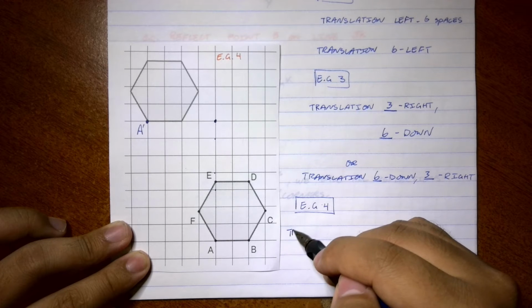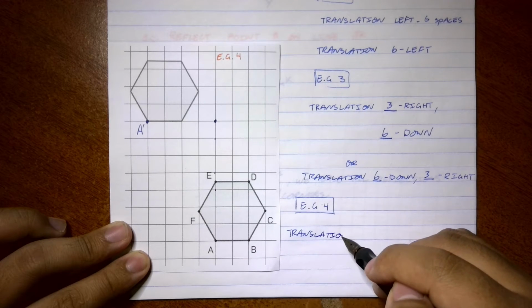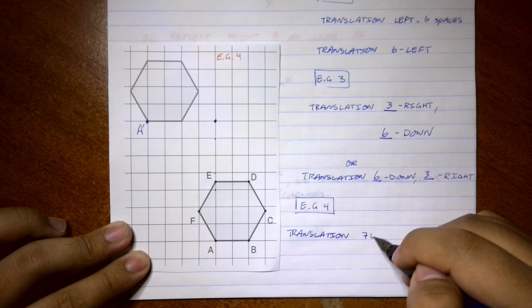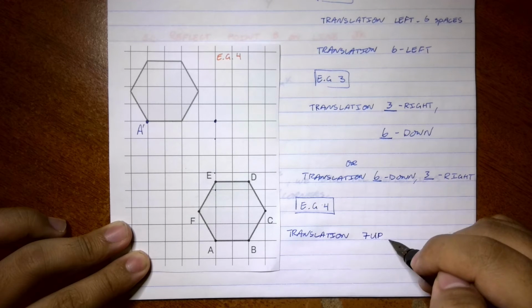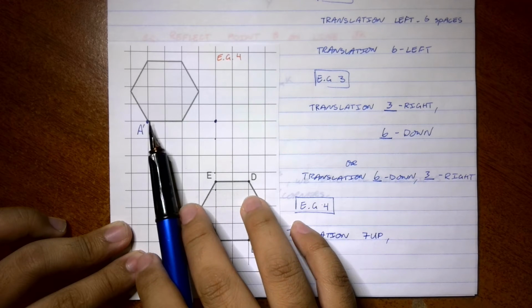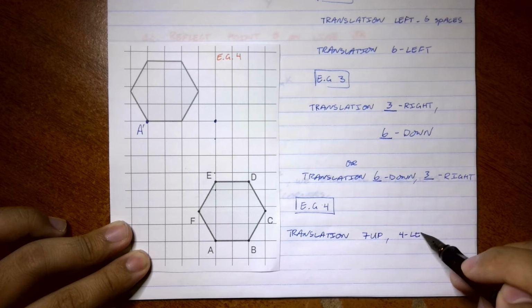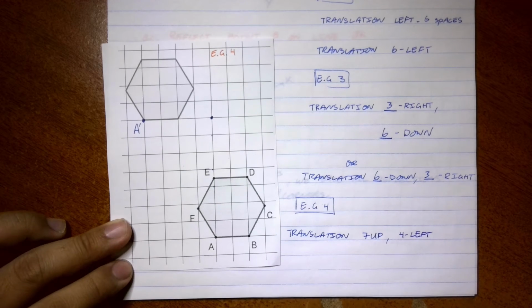So it is a translation of 7 up, and then from here we can count 1, 2, 3, 4. 7 up and then 4 left.